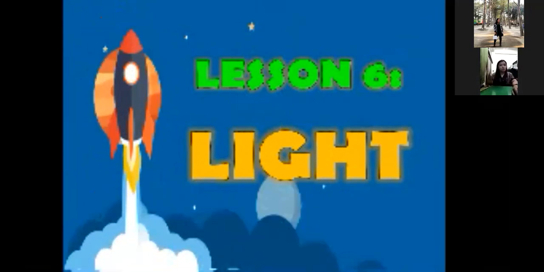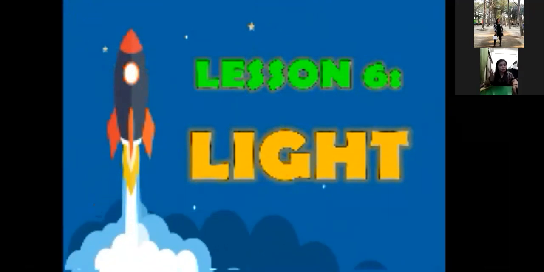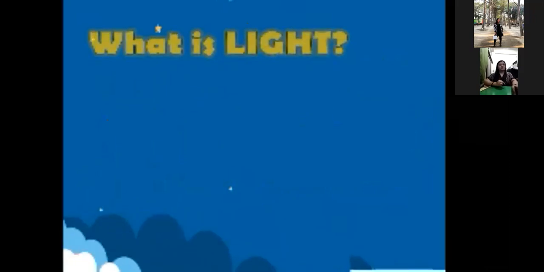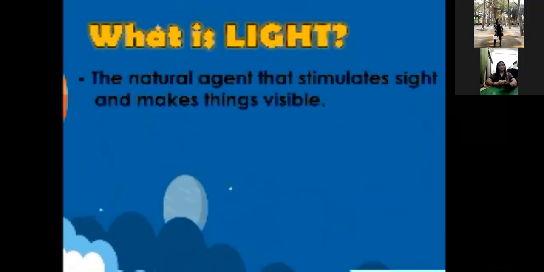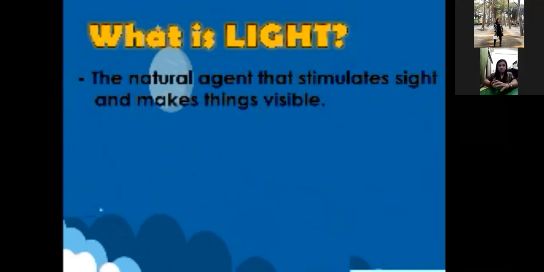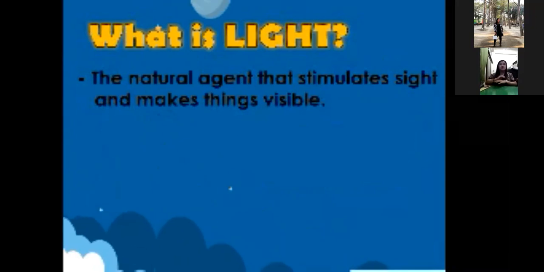Without explaining more of it, let us define light in this simple definition. So what is light? According to this definition, it is the natural agent that stimulates sight and makes things visible. When we say natural agent, it occurs naturally.